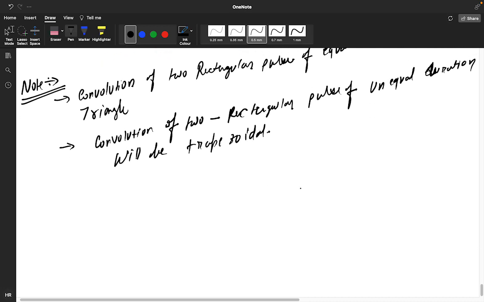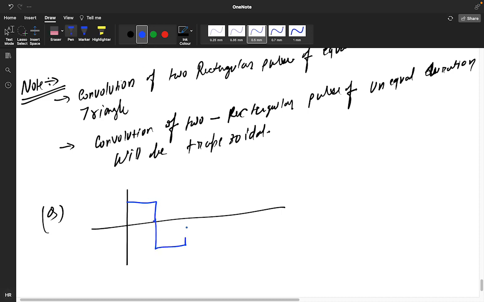Okay, now see, you want to do one question. You have to solve the convolution of this. The question is very simple, it's not difficult. We will use the same property only.